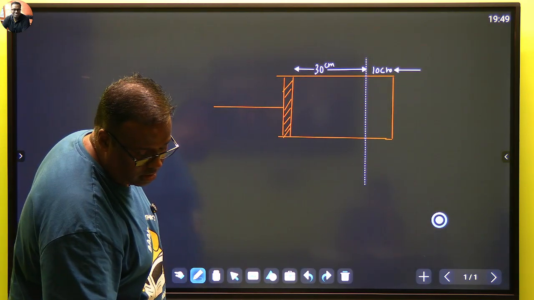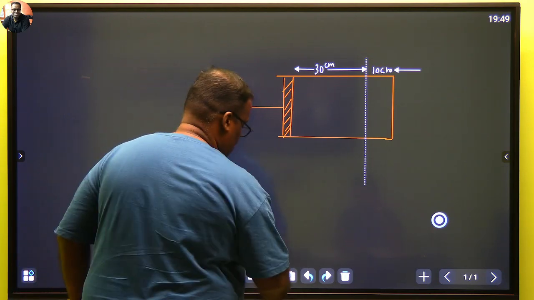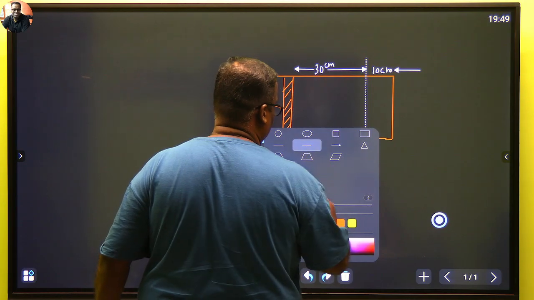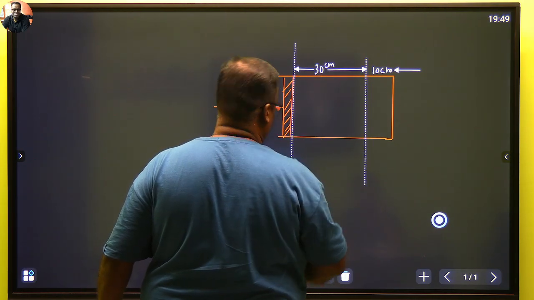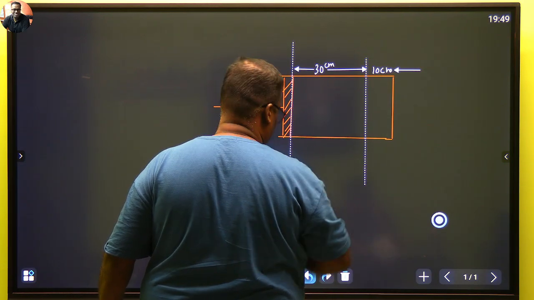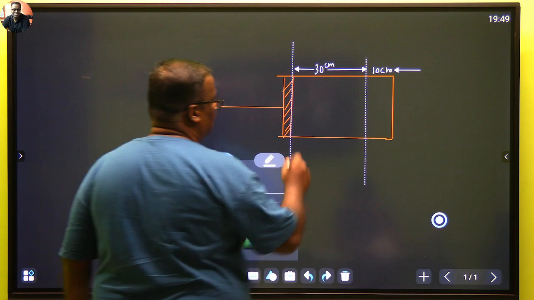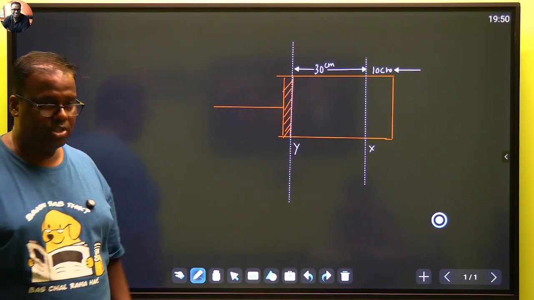This is the data that is given. This section is y and this section is x. I'm going to read out the question now for you.